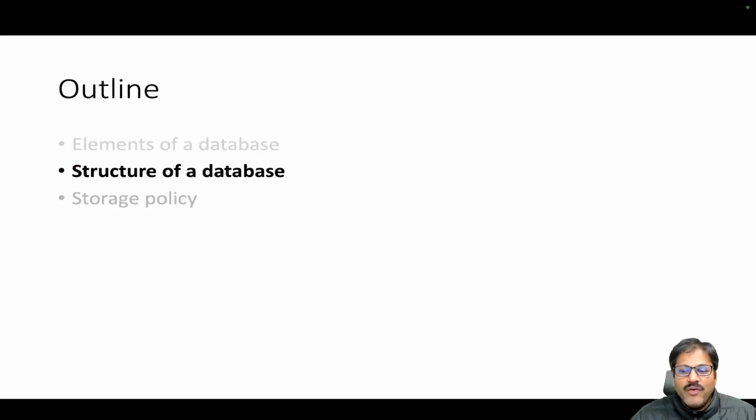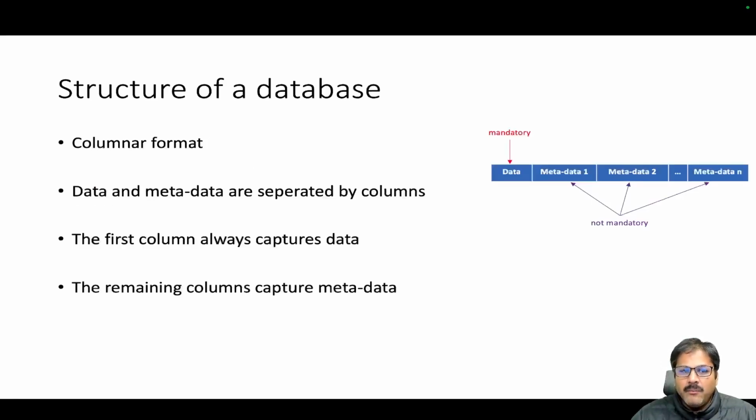Now, when we look at the structure of the database, please note that to create data sets, very large ones, you need to follow columnar format. The first column must always contain data.